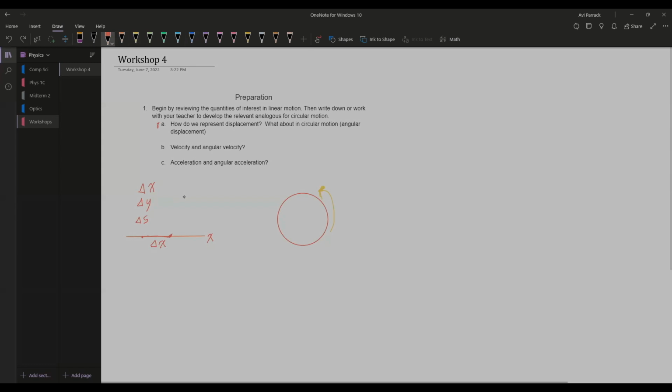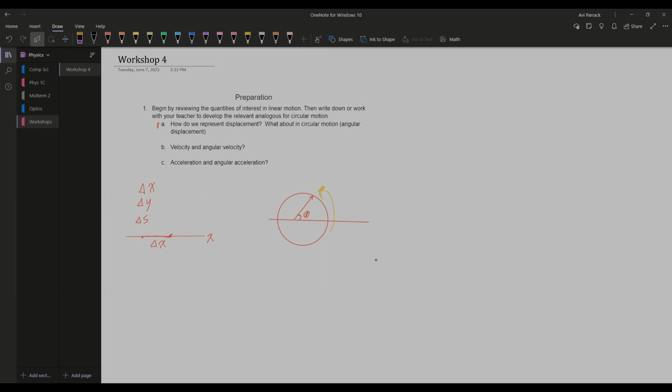And specifically what we're interested in, I'll again do a line. We start out with a midline that goes straight through our circle. And what angular displacement is asking is, if we go from there and we end up at some later point on the circle, say here, then our angular displacement theta asks how many radians, how much of the circle did we turn, or how much angle were we displaced?